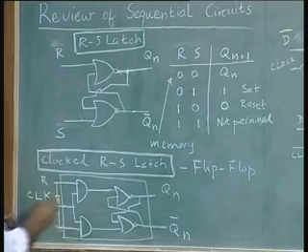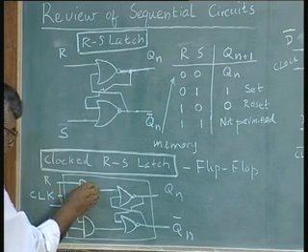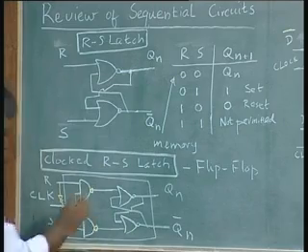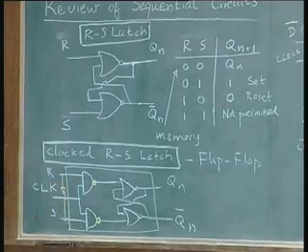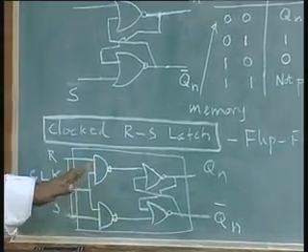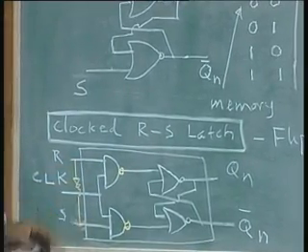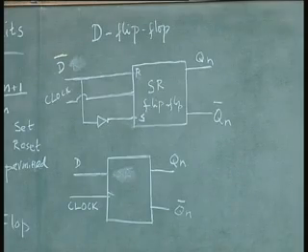By putting an inverter at the input here, instead of changing this AND gate into a NAND gate, what will happen is the R and S roles get reversed. So, if I put an inverter here, I am going to leave this circuit alone because I do not want to make too many changes in the original circuit.